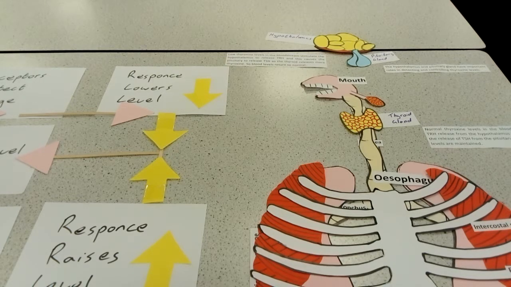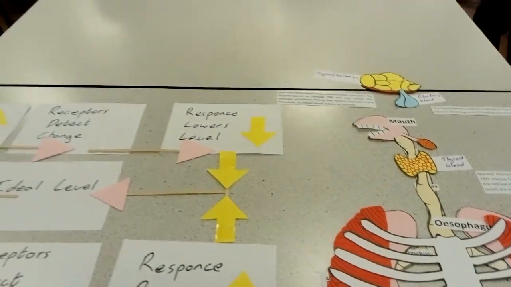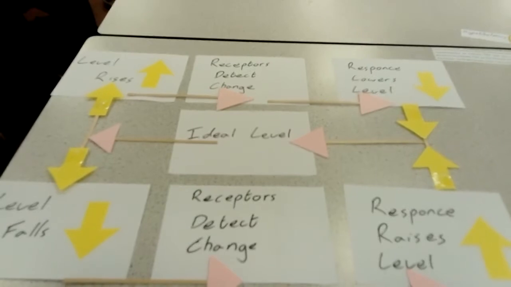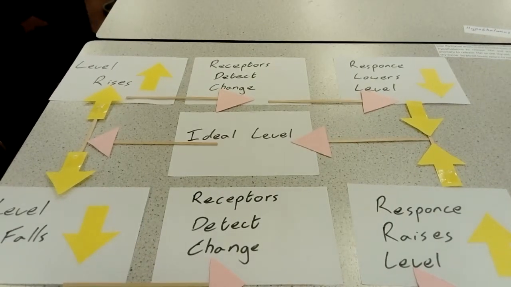thyroxine. So if we think about this, back to this diagram showing our negative feedback loop, the receptors that are going to detect the change in thyroxine are in the hypothalamus.